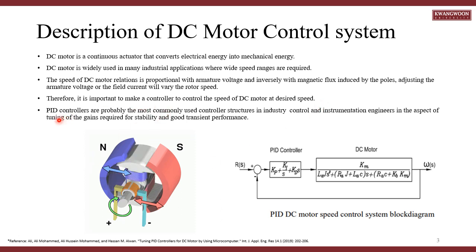As you can see in the last description, PID control is probably the most commonly used controller. In the right figure, you can see the PID DC motor controller block diagram, which refers to this reference study.